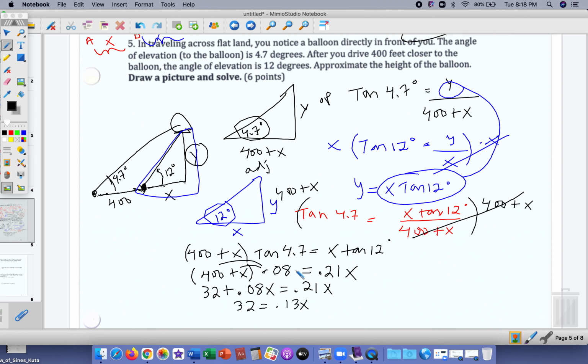We'll divide 32 by 0.13 and we'll get x is about 246 feet. So that would be right in here.